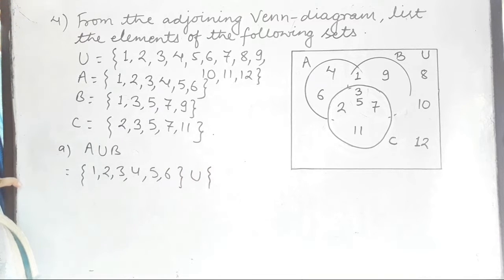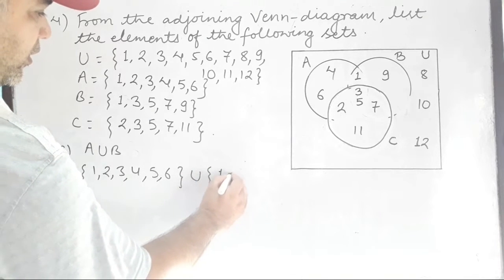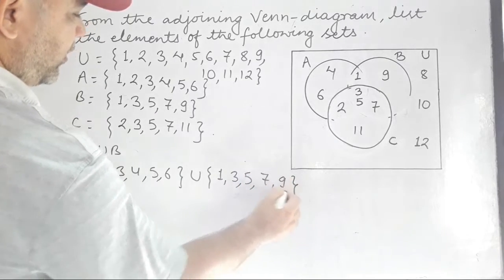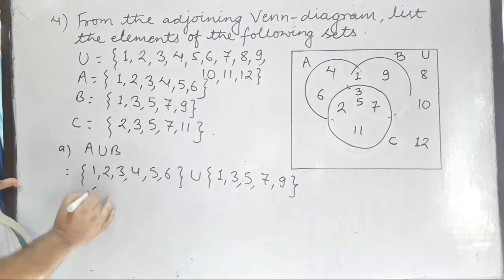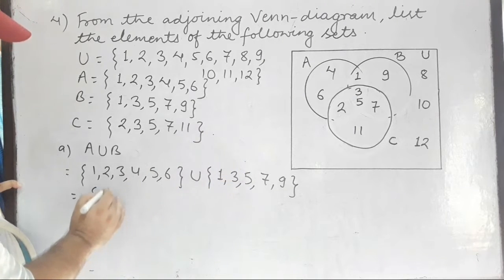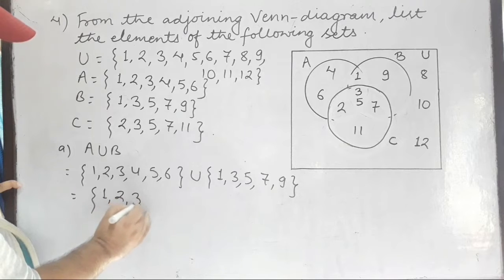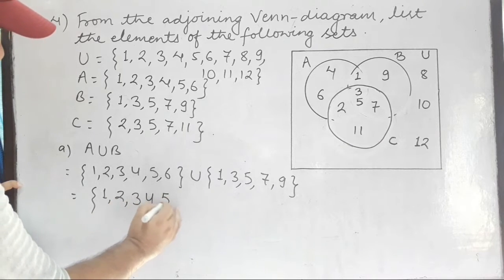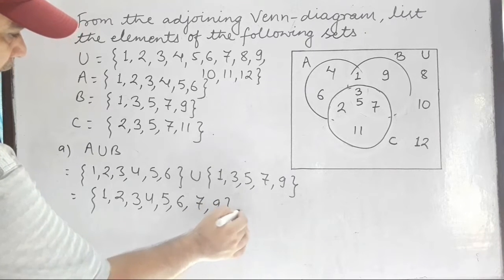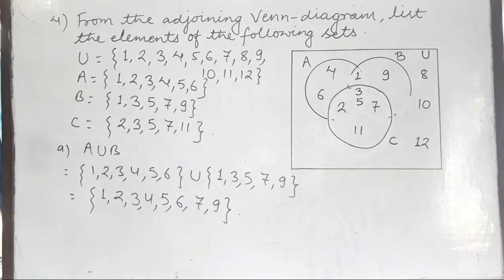The elements of set B: 1, 3, 5, 7 and 9. Now the union of two sets, writing all the elements: 1, 2, 3, 4, 5, 6, 7 and 9. So this is A union B.